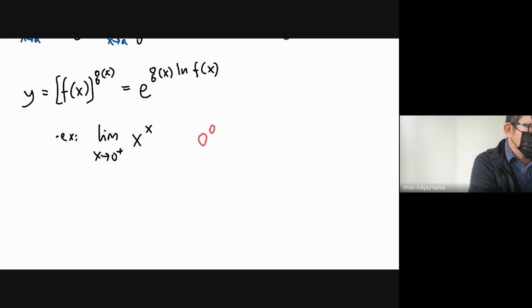So we can take this and make it into x with power, or we can directly write the ln.